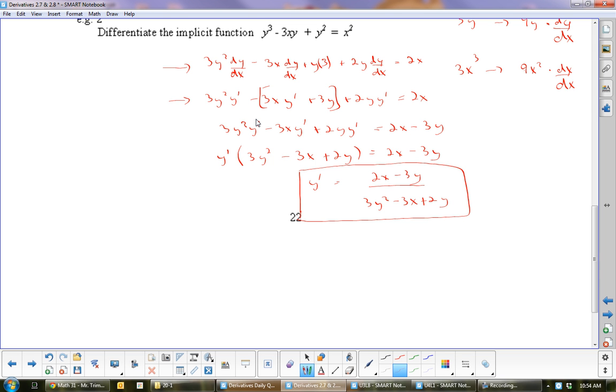Yep. So this should have been a minus here. Oops, no. Sorry. So now that if I was to take that out, yeah, that would have been a minus. So that's a plus 3y. Yeah, it's a good catch.